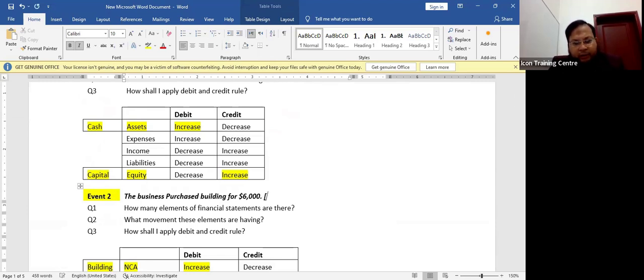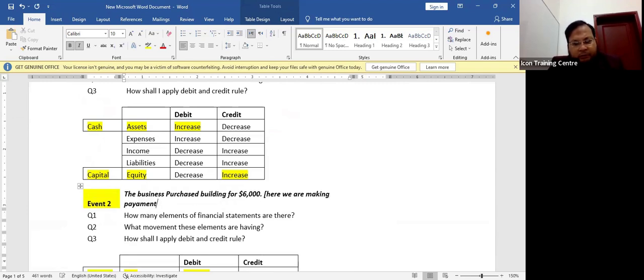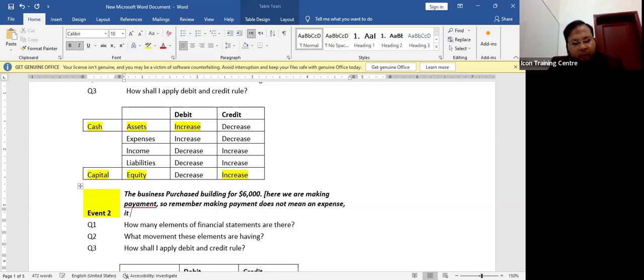Here we are making payment, right? So remember, making payment does not mean an expense. It always means decrease in cash asset.